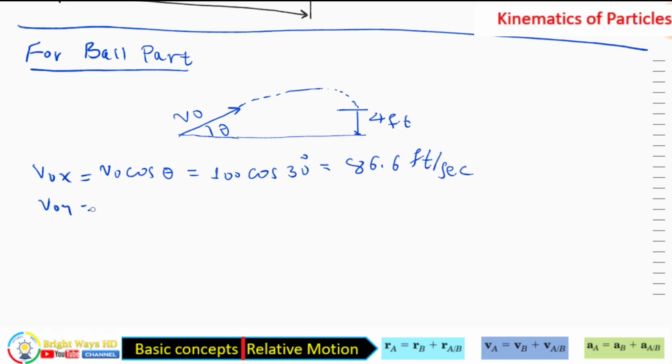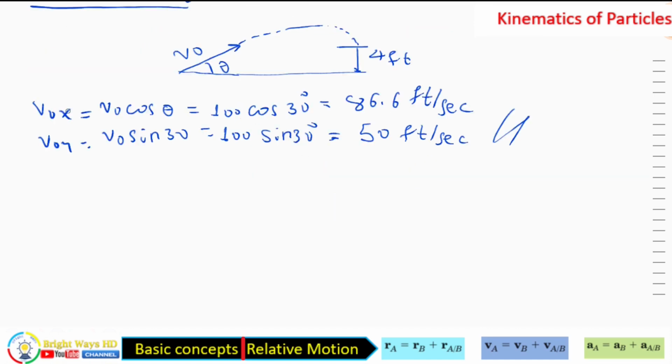And v0y is v0 sin 30 degrees, which equals 100 sin 30 degrees, which is 50 feet per second. For a projectile motion, the velocity in the x direction is always constant. That means Vx equals V0x, which is 86.6 feet per second in the positive x-axis.